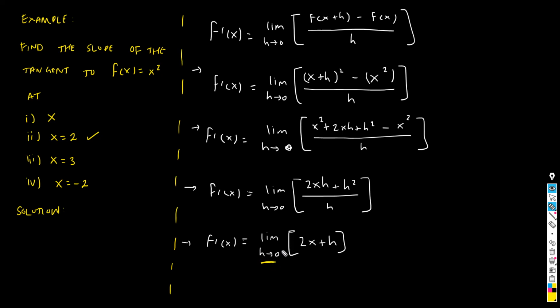Because if h was 0, you could not have gone from here to here, because the division of anything over 0 is not possible. If I'm dividing this over h and this over h, and h is 0, I would be performing a forbidden operation. But h is not 0, so I'm perfectly fine doing it. That's why this concept is so important, guys.